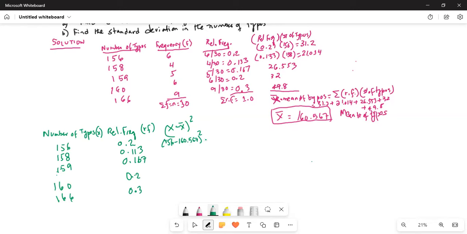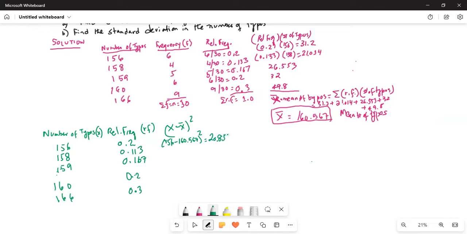So that will work out to, in parentheses, 156 minus 160.567, close the parenthesis, and then square it by pressing the x square button on your calculator. We get 20.857.